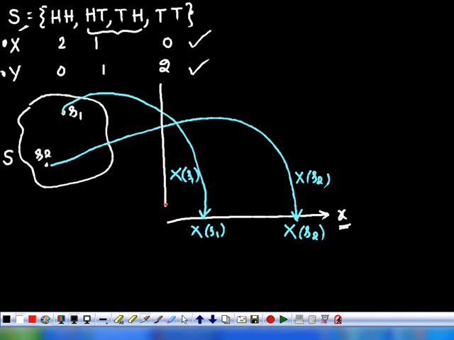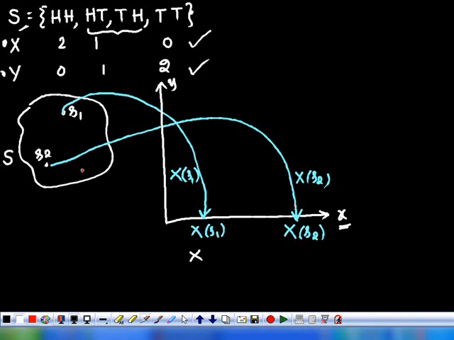Now I have another axis, normally denoted as the y-axis. In one case, I mapped the sample points onto the x-axis. So here, the random variable x can take two values: x of S1 when the outcome is S1, and x of S2 when the outcome is S2.